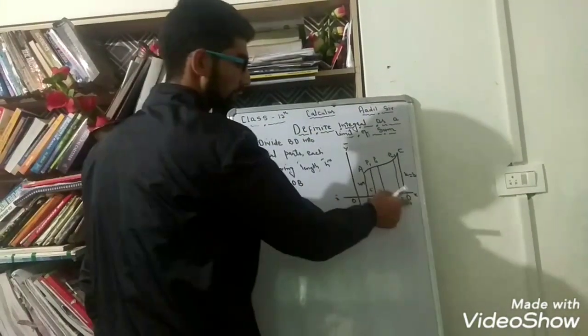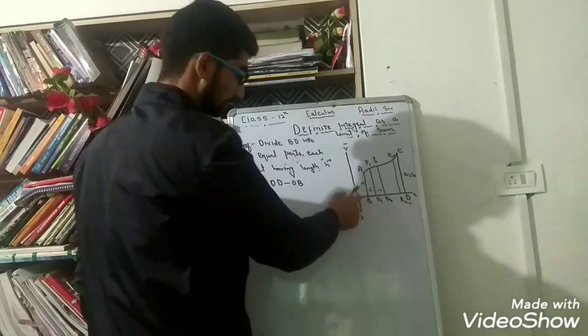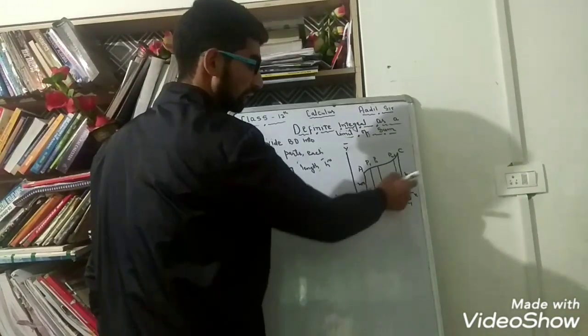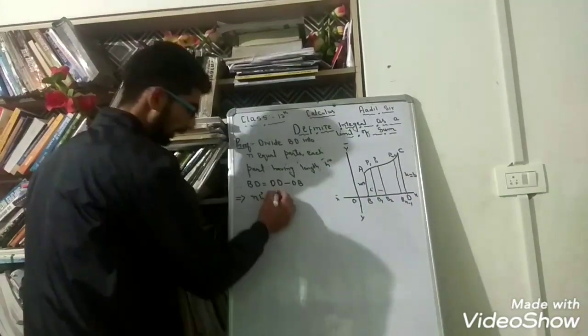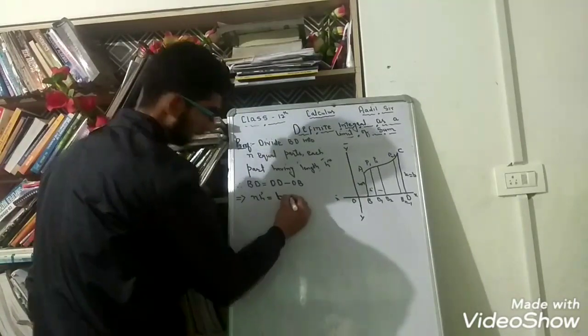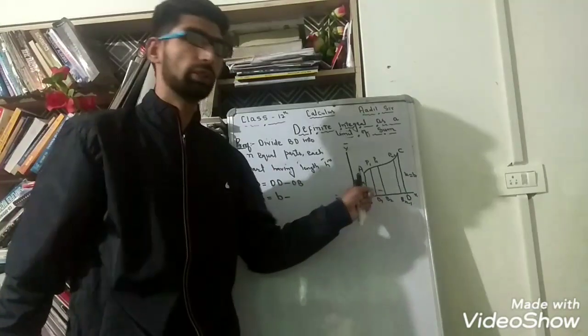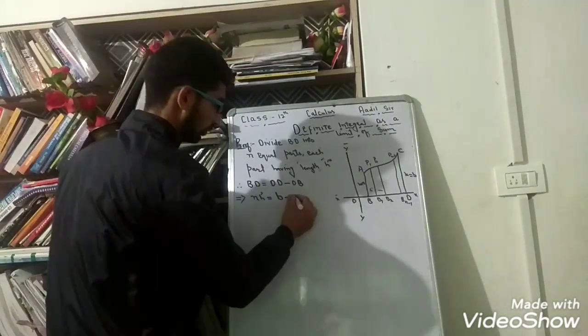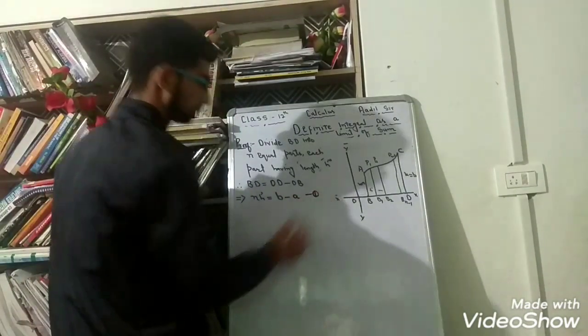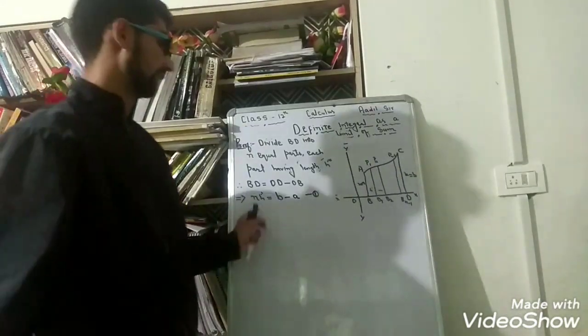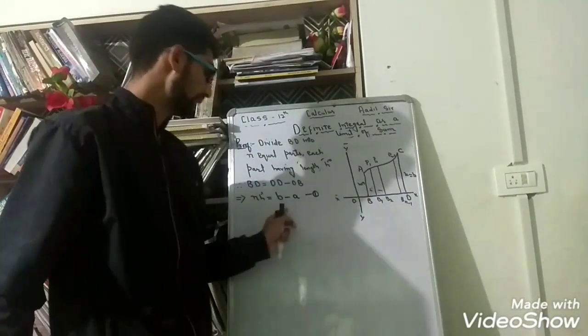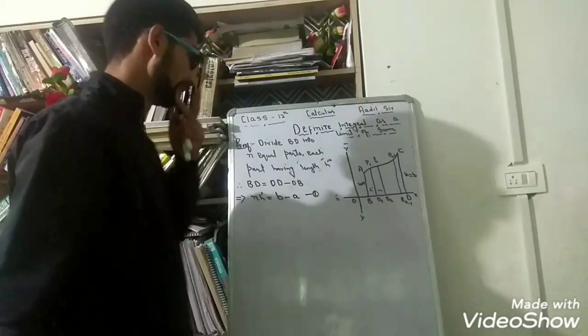What is that? That is equal to x equal to b, because from the origin O to D the distance is b units. So I will write b minus OB. What is the distance from the origin to this B? That is x equal to a, that is a. So what we got is the distance BD is b minus a.